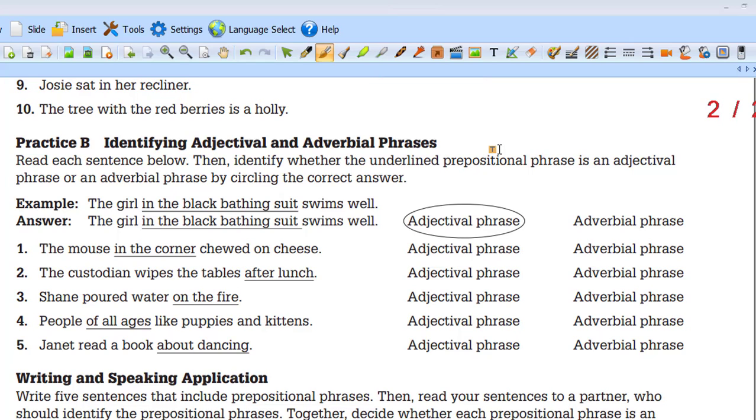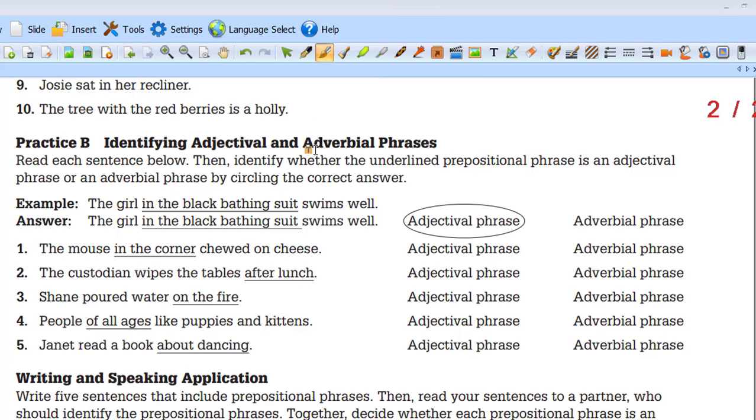It means they can modify a noun or pronoun. What about the adverbial phrase? The adverbial phrase can also work like the normal adverb. It means they can modify, talk about, describe what? They can modify a verb, adverb, or adjective. This is the adverbial phrase.